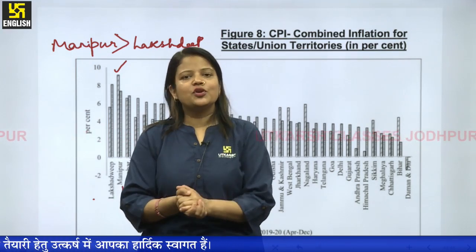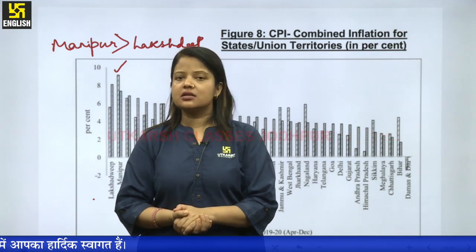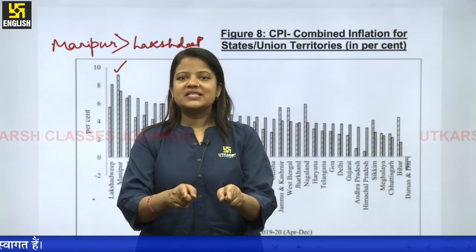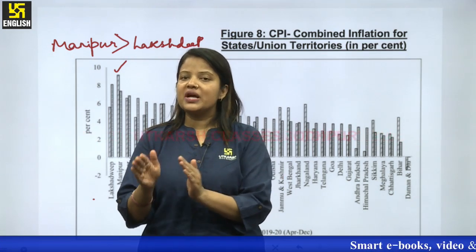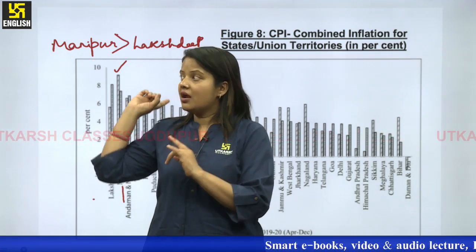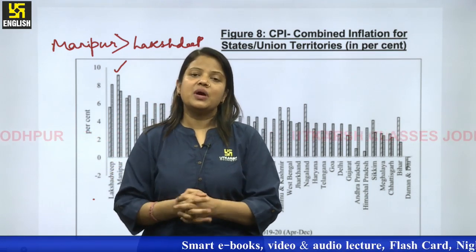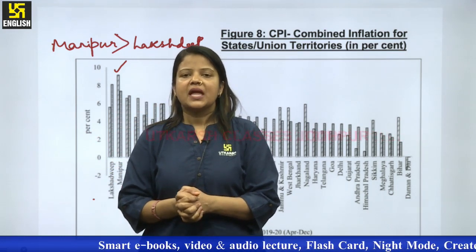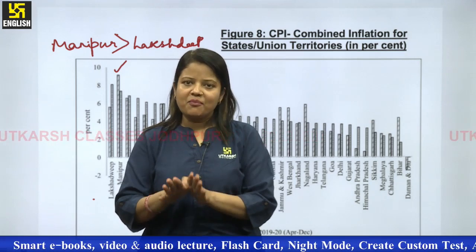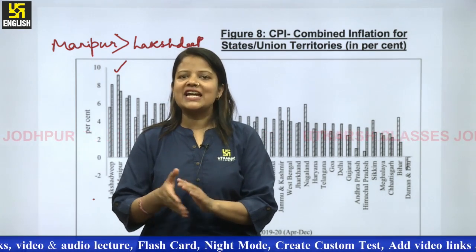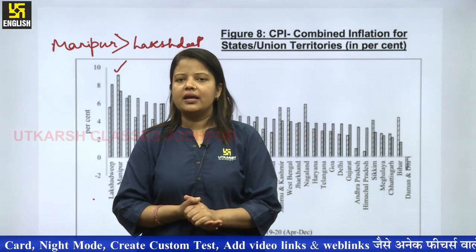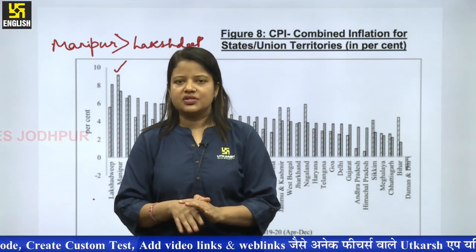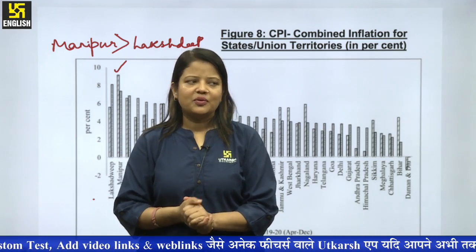And I have taught you the difference between wholesale price index and consumer price index. Wholesale price index measures the weighted value of wholesale goods, but consumer price index has a basket of goods and services. And CPI is measured by MOSPI, the Ministry of Statistics and Programme Implementation, and WPI is measured by the Ministry of Commerce and Industry.